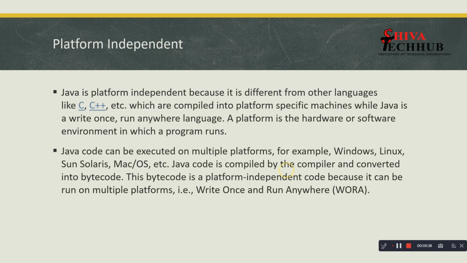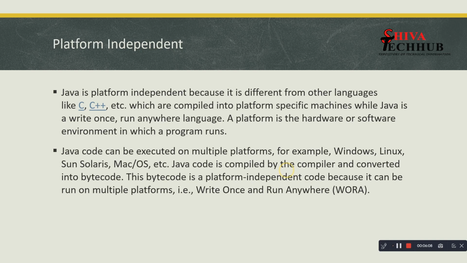And let us understand why Java is called platform independent. Basically, Java is platform independent because it's different from other languages like C and C++, because the editors and the compiler are different when it comes to Linux, Windows, and also Mac for C and C++. But when it comes to Java, we can use the same bytecode, as I said, in multiple environments.